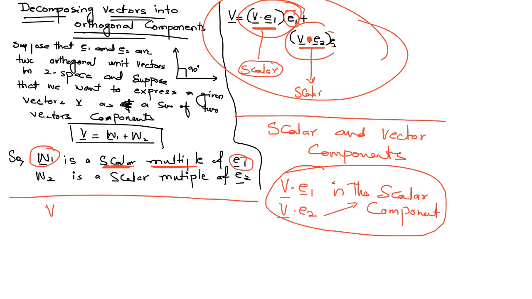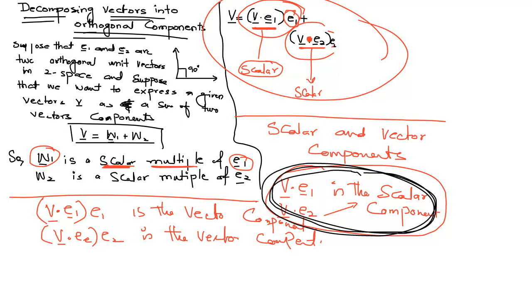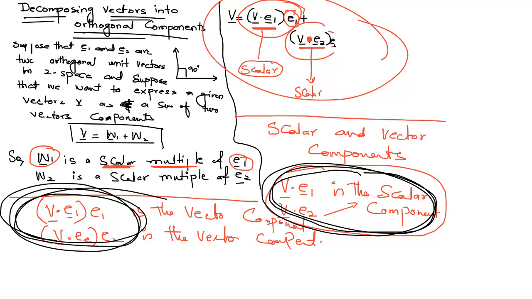For the vector component, (v dot e1) times e1 is the vector component, and (v dot e2) times e2 is the vector component. If the question asks you to find the scalar component and the vector components, you use this formula for the scalar component and this formula for the vector components.